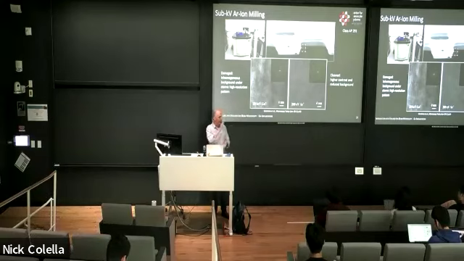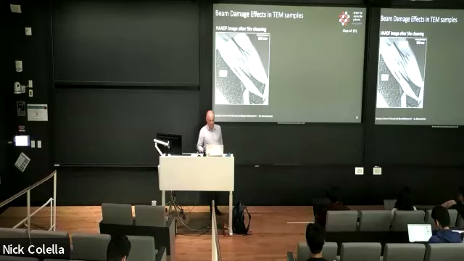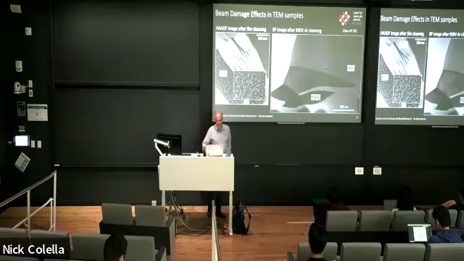We can very carefully remove the last parts of the damage zone. And just to go back to illustrate the difference, this was the image that I showed you before, which was basically how it looks after a typical 5 kilovolt cleanup with the gallium in the focused ion beam.